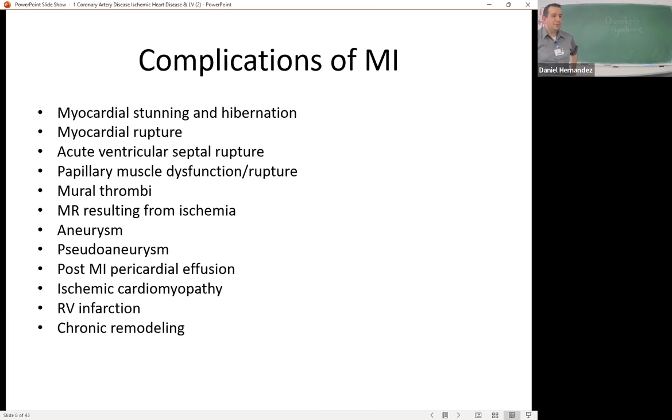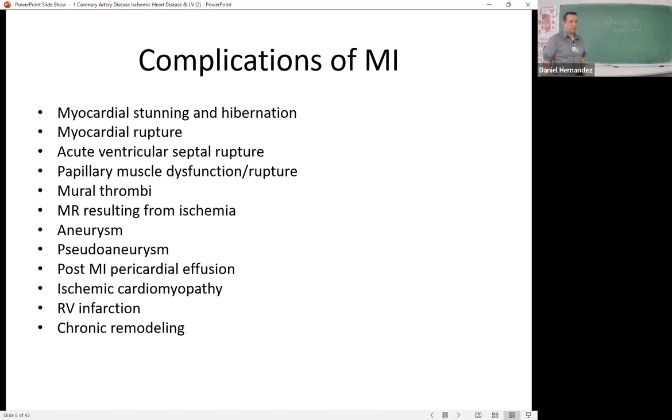That's a pericardial effusion post-MI. That's something that you could potentially see, so some fluid around the heart. Just remember to use your landmark in your parasternal long axis view, the descending thoracic aorta.